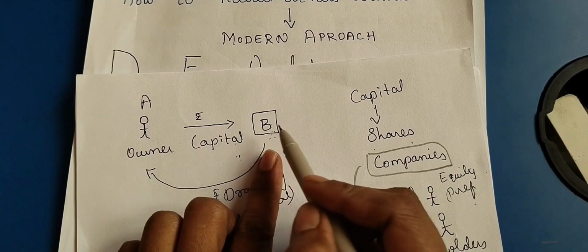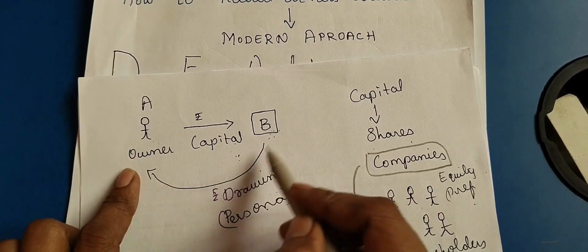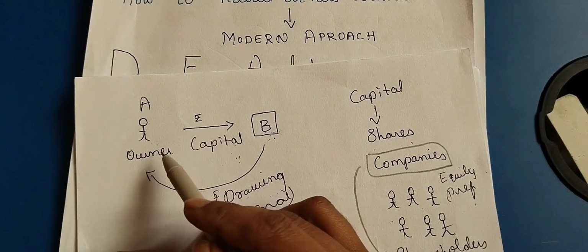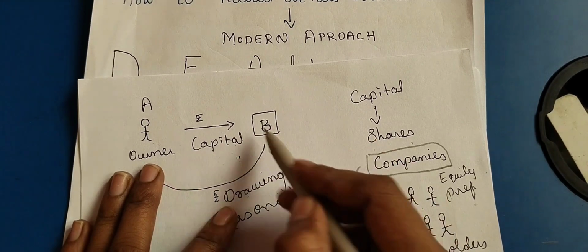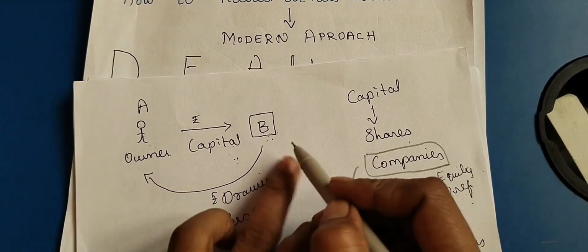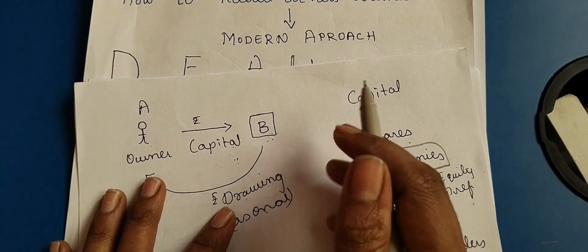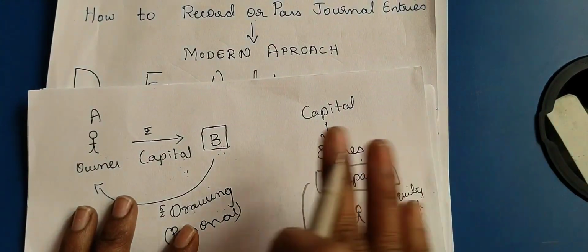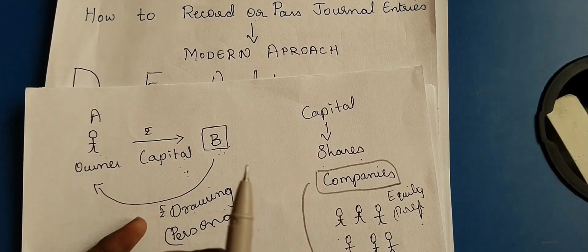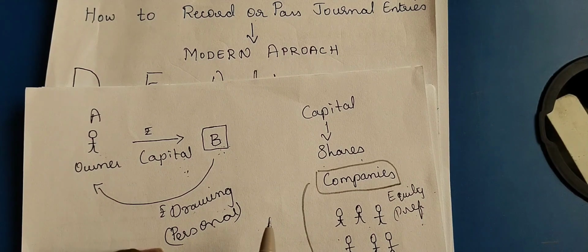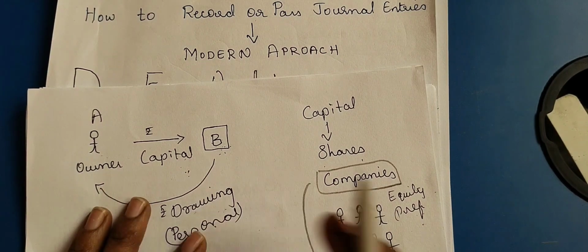When the owner withdraws money or anything for personal purpose, that is called drawings. In accounting, we have one concept, the business entity concept, which says the owner and the business are not the same, they are different.